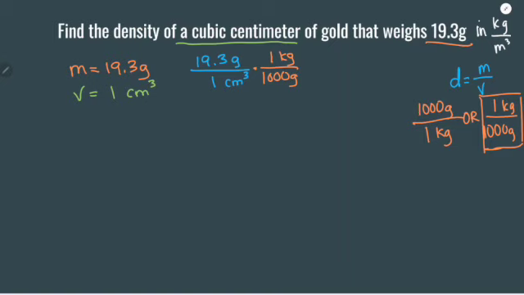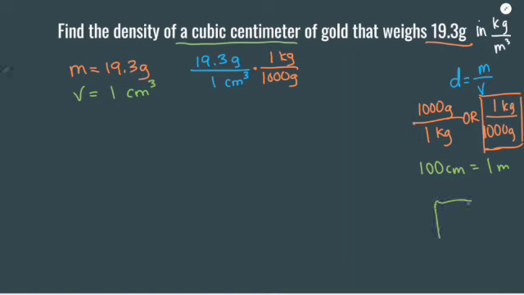Next, we're going to work with the volume. This one's a little bit trickier because we have to convert cubic centimeters into cubic meters. Now we know, for example, that there are 100 centimeters for every meter, but it's not quite as straightforward to just say there's 100 cubic centimeters in 1 cubic meter, because that's not true. First, let's visualize, and then I'll show you how to calculate this.